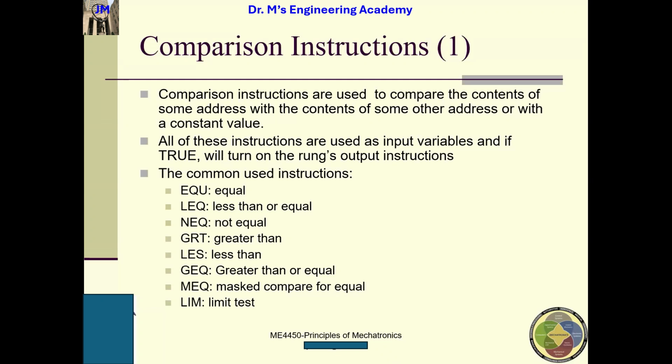But MEQ, what is MEQ? The limit test is also new, right? So we are going to talk about these two new things and emphasize both of them. For all the other comparison instructions, they are very intuitive, and we know A is equal to B or A is less than B. So this is easy to understand.